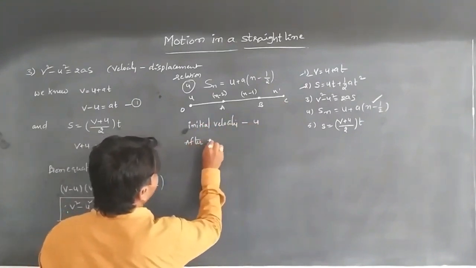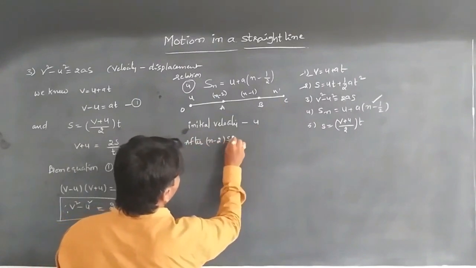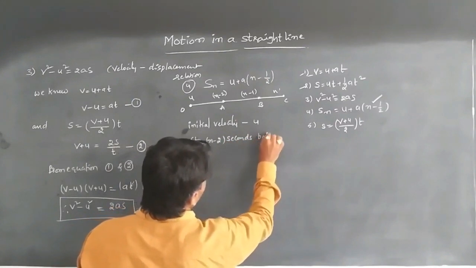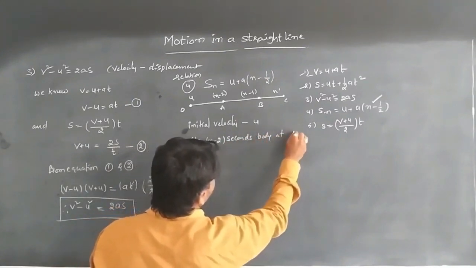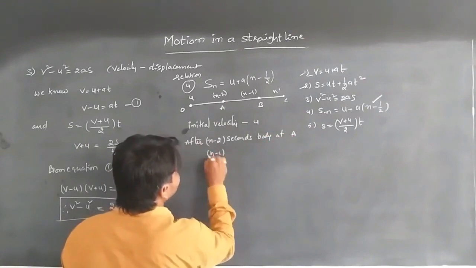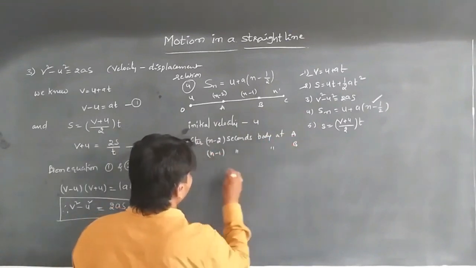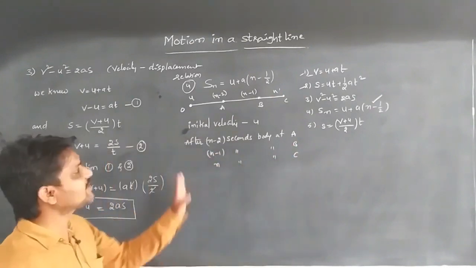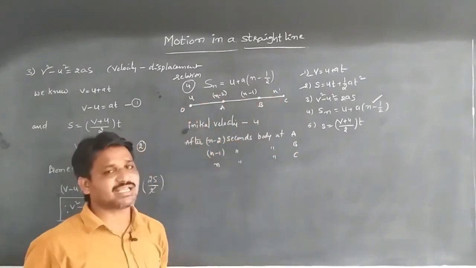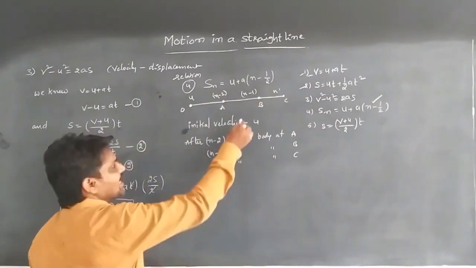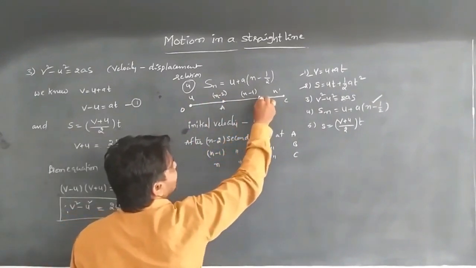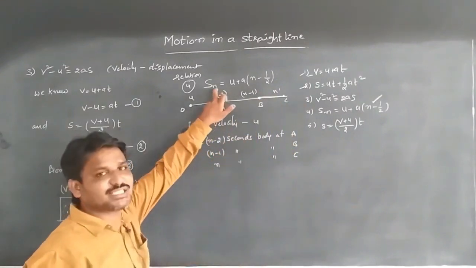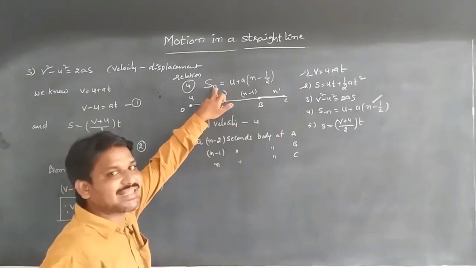After n minus 2 seconds the body reached A. At n minus 1 seconds, the body is at B. At n seconds, the body is at C. That is, at the nth second means the time it has taken from B to C is the nth second. We just want to know the distance travelled by the object at the nth second.